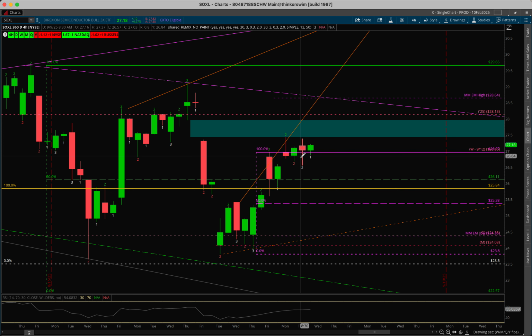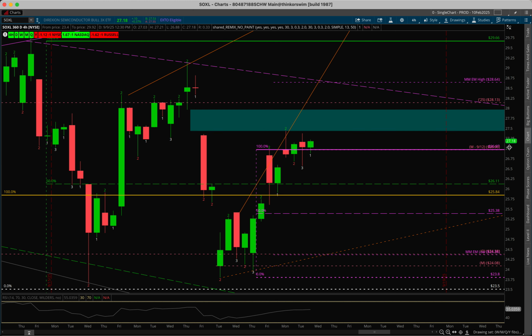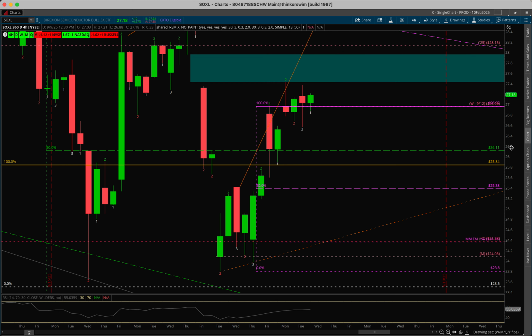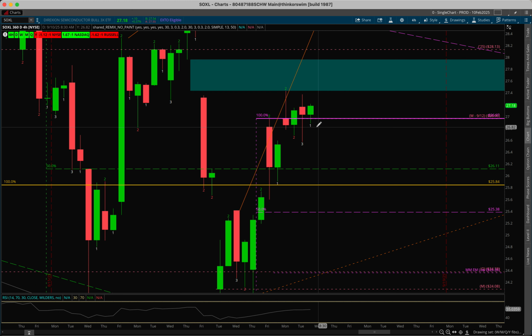Just speaking from a strat perspective, if we get price action below the 1, that's a 3-1-2 down reversal, entering here at the low of the 1, looking at your first target as being the low of today. So from there to there is your entry and exit, and from a scalp perspective, that's not too bad.